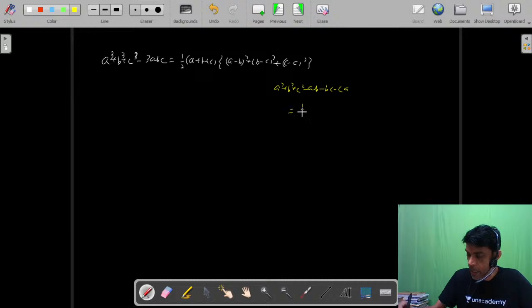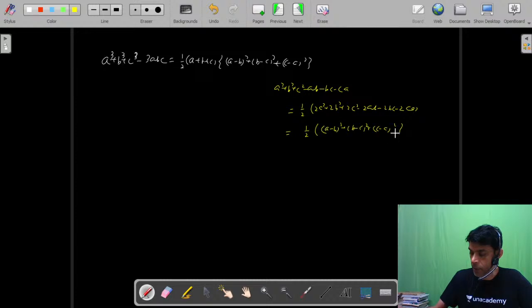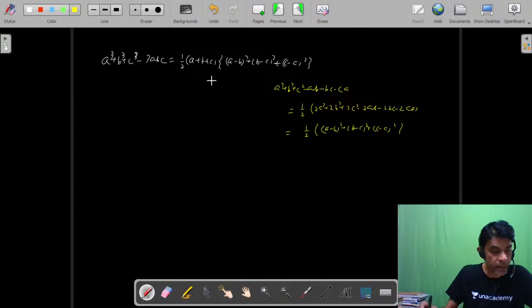This I will get as half times 2a squared plus 2b squared plus 2c squared minus 2ab minus 2bc minus 2ca, which I can write as half times (a minus b) whole squared plus (b minus c) whole squared plus (c minus a) whole squared, this way. So this is the same thing.